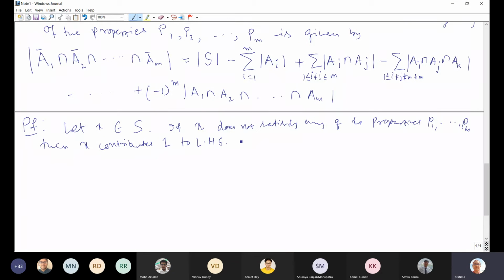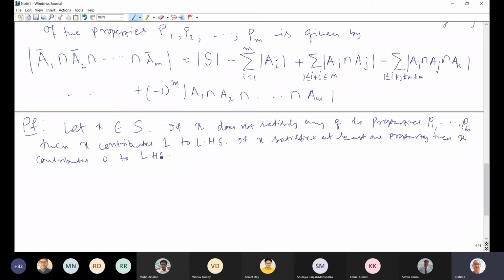If X satisfies at least one property, then X contributes 0 to LHS.